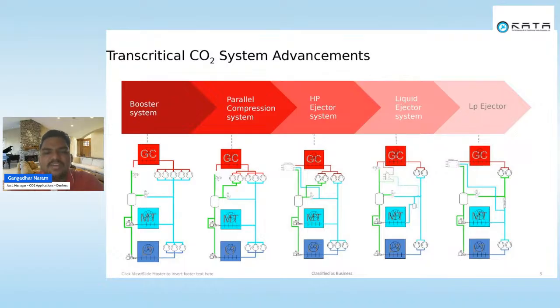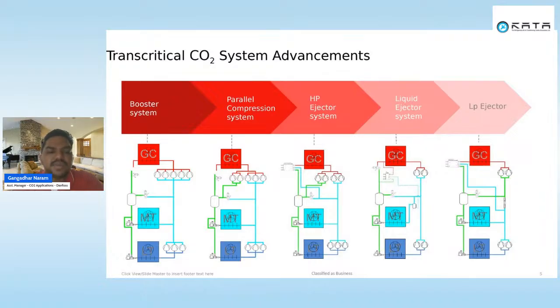Suppose I have an application where I need one evaporator at -5 or -10 degrees centigrade, and one evaporator at -45 degrees centigrade. If that is the application, then I can use a booster system where the -45 evaporators will be operated on booster compressors.